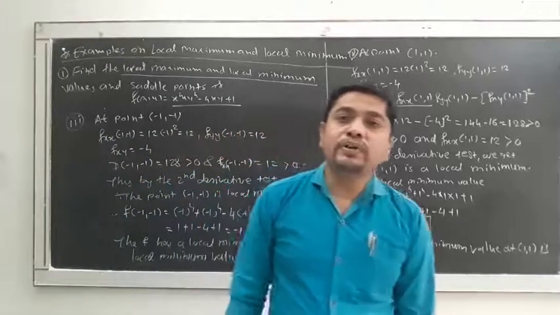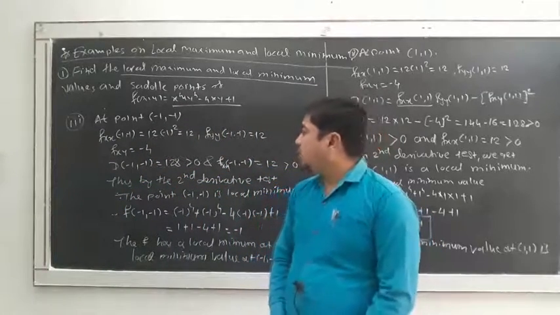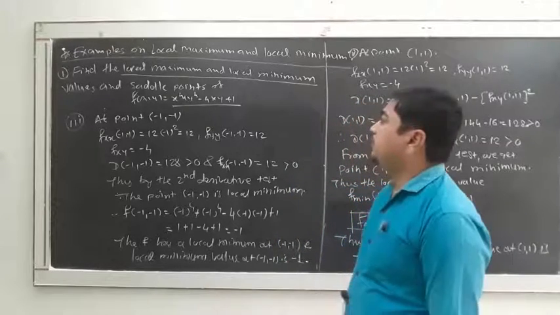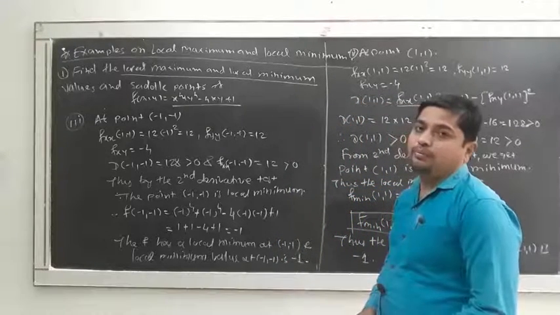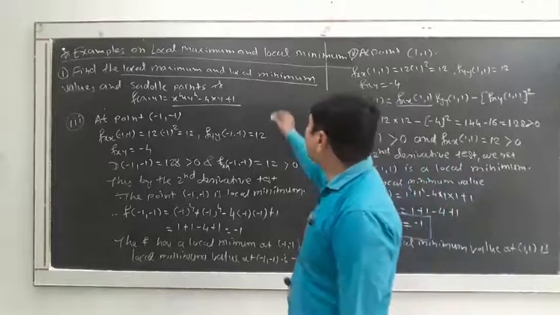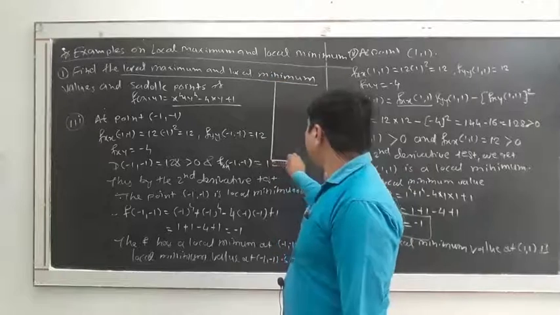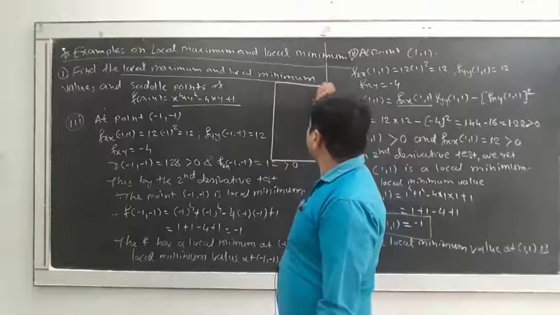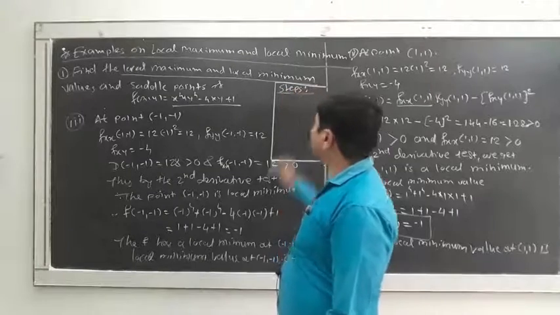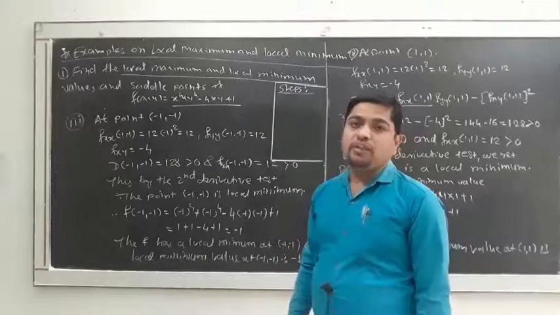So this is the problem, you have to solve that much. It is a very important problem: find the local maximum and local minimum values or saddle points. So how do we summarize this? What are the steps to find the local maximum and minimum?